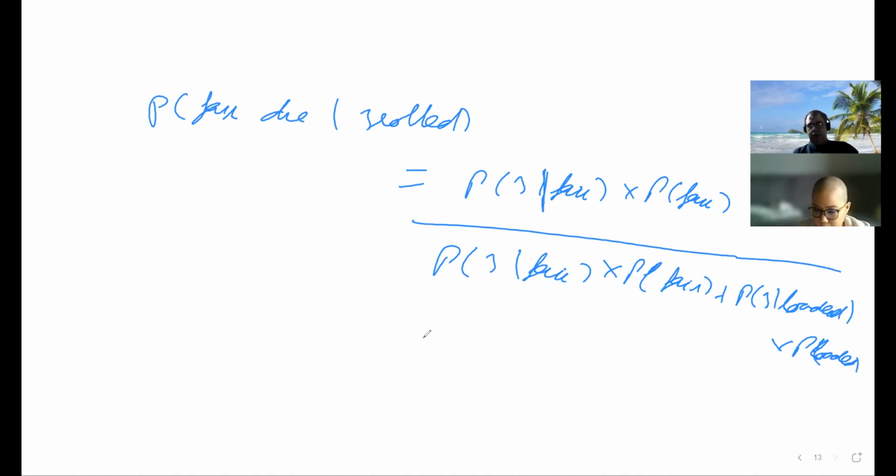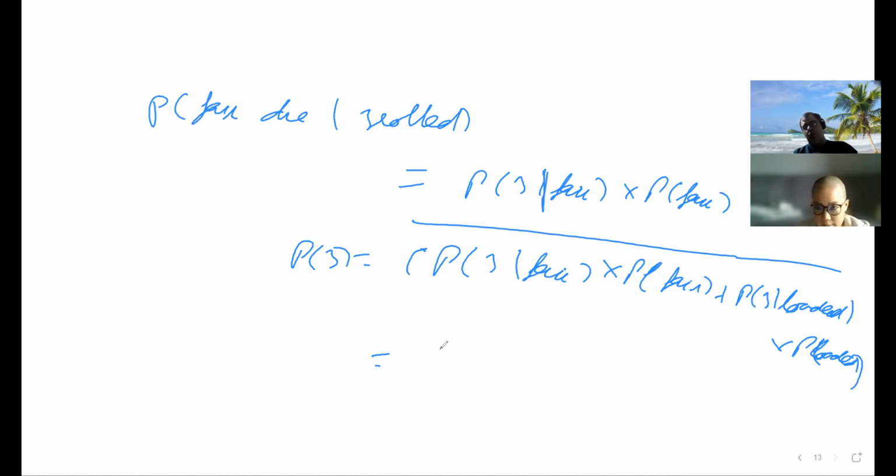So this is the Bayes theorem. This denominator is equal to P3, which is the 0.383 that we found earlier.